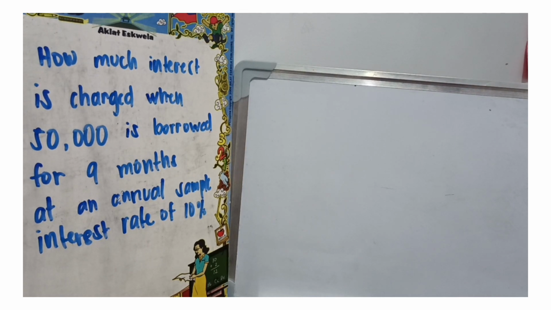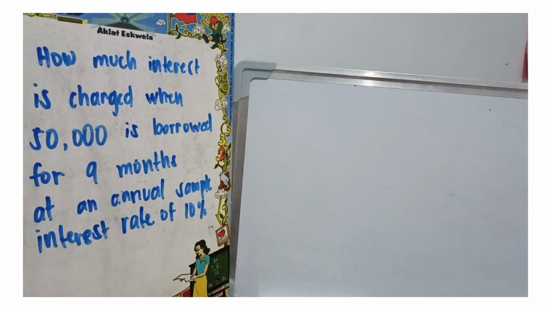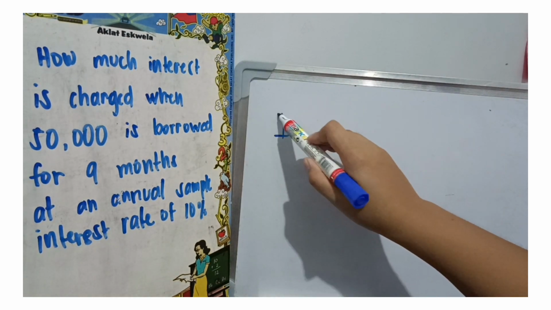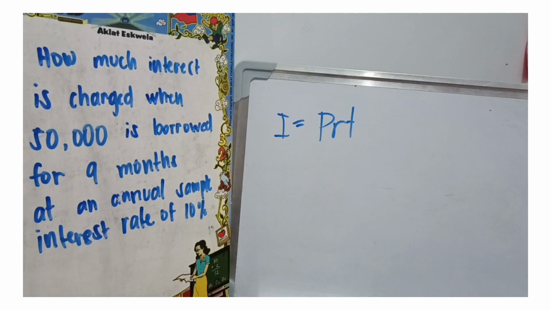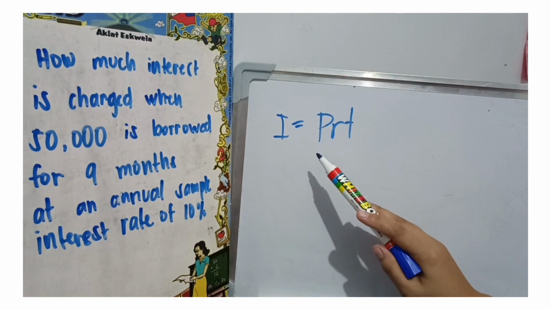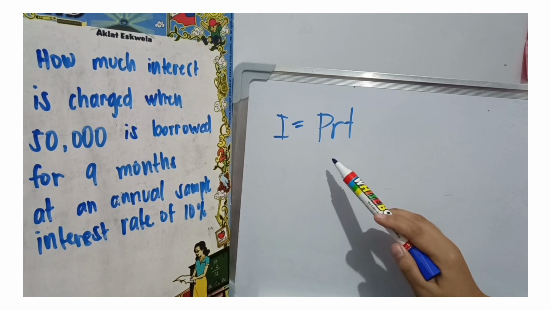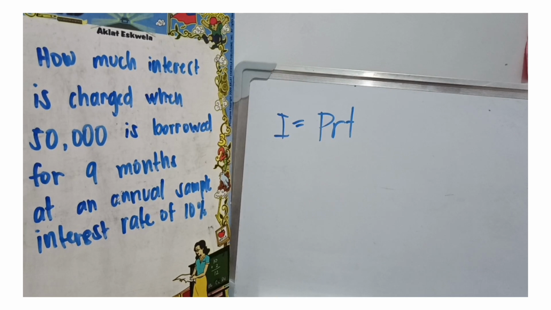So, what we are looking for is the interest. Our formula to find that is I = PRT, where I is interest, P is principal, R is interest rate, and T is time. So, first, let's get the given.